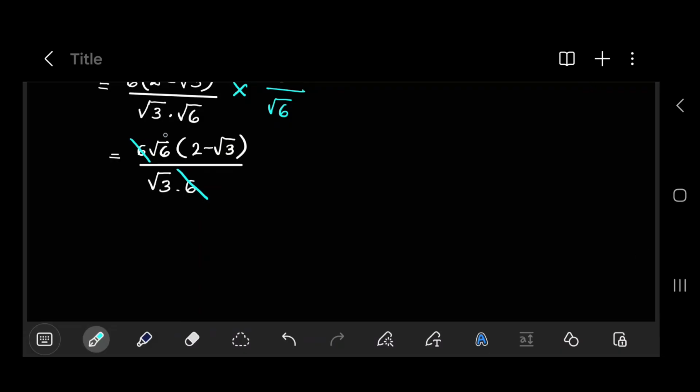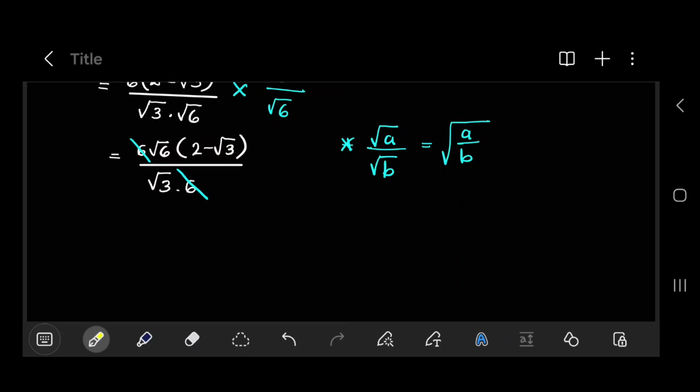But what can we do to simplify the square root 6 over the square root 3? There is this rule that says square root a over square root b is the same thing as a big square root of a over b. So if both your numerator and your denominator have a square root, you can write one big square root with the fraction underneath.